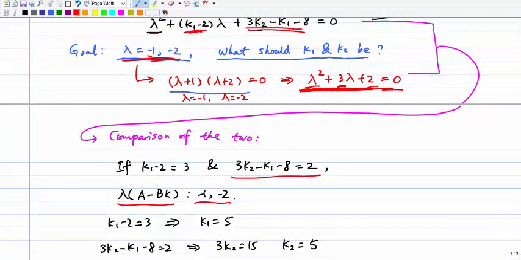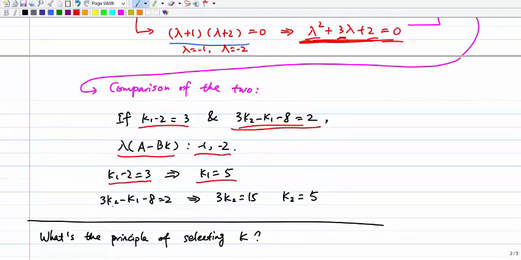So by computing this, we have k1. If k1 minus 2 is 3, then k1 is 5. And for the second condition, 3k2 minus k1 minus 8 is 2, which means 3k2 is, on the right-hand side, 2 plus 8, and also plus k1.